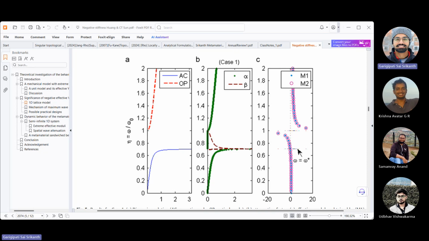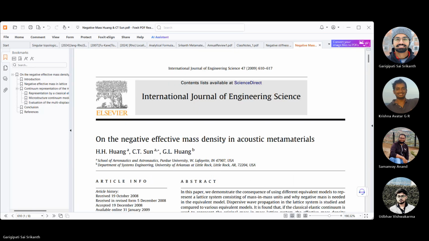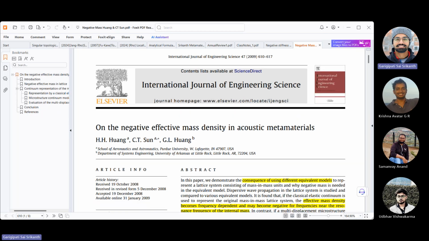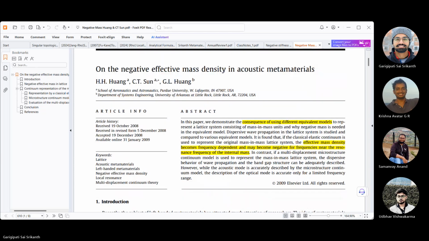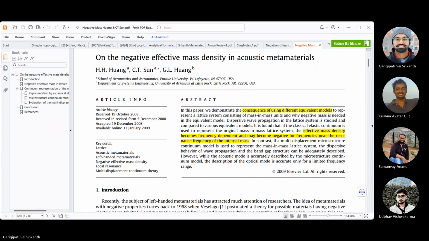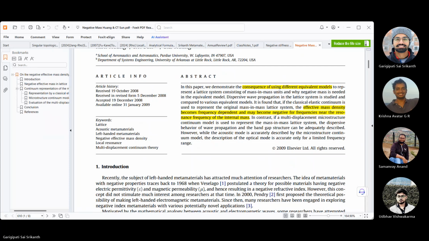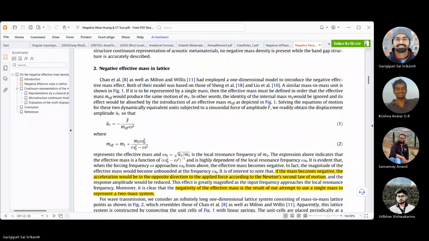The effective mass. Yeah, so this paper is on the negative effective mass. Again, this is also sort of a seminal paper. Here in equation 2, they talk about effective mass.